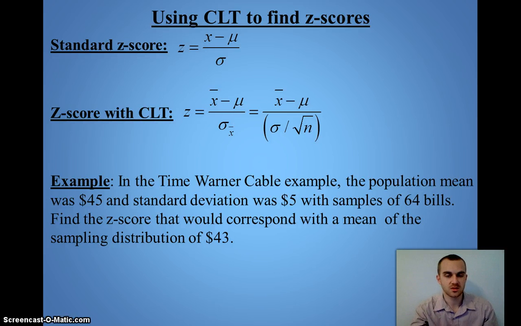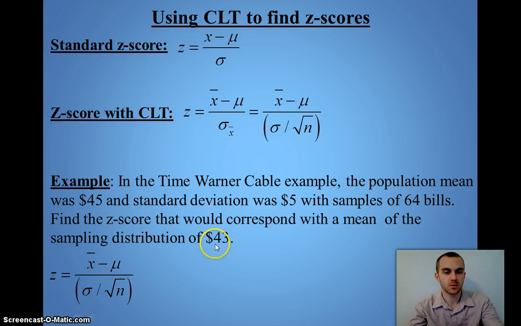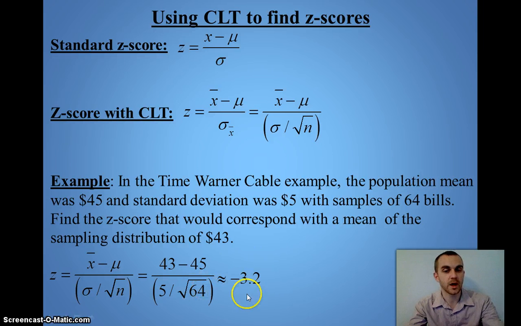We know again n is still 64, so just like our standard z-score problems we've done before, we take the sample mean we found, 43, subtract the population mean, and divide by the standard deviation of the sampling distribution. And it gets about negative 3.2. So that's way outside the normal range.